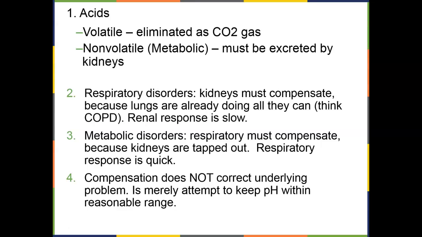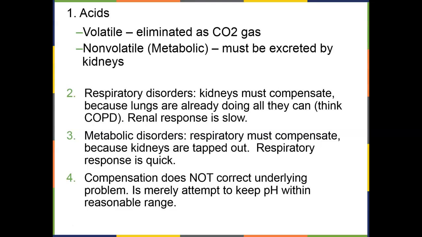And if your respiratory system can't get rid of that CO2, then the kidneys are going to compensate. When the kidneys compensate, they compensate slower than the respiratory system. They can't work as fast. It takes them a little bit longer to work.